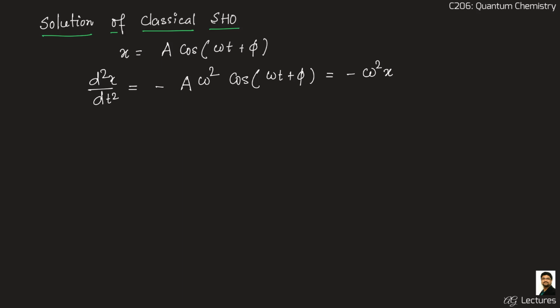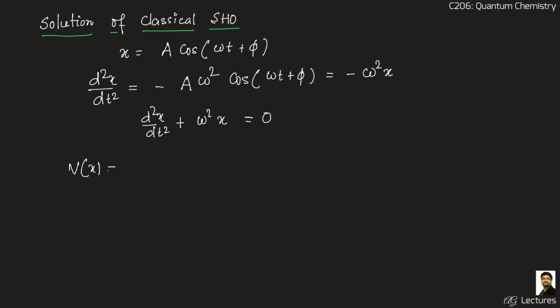Therefore, the equation d2x/dt2 plus omega square x is definitely going to be 0. So this solution A cos(omega t plus phi) is definitely a solution for this classical equation.